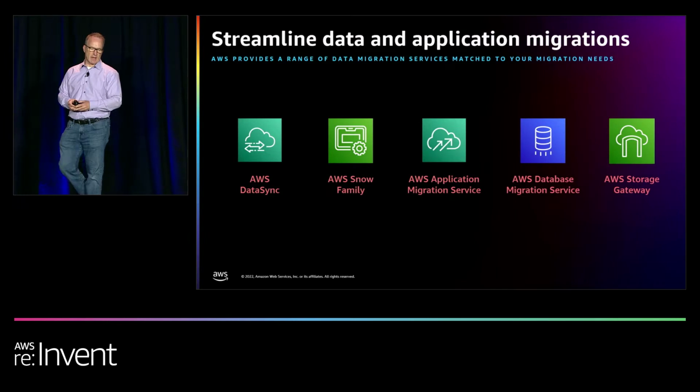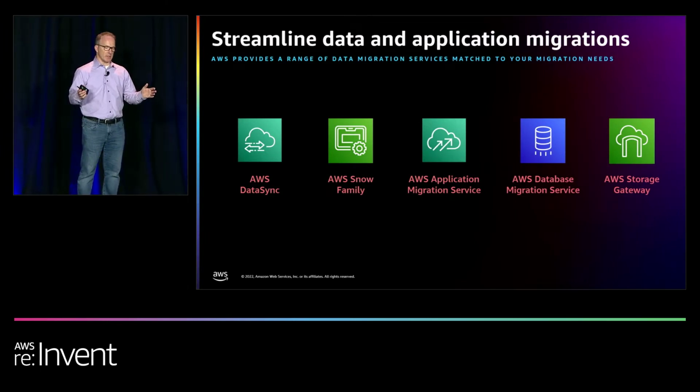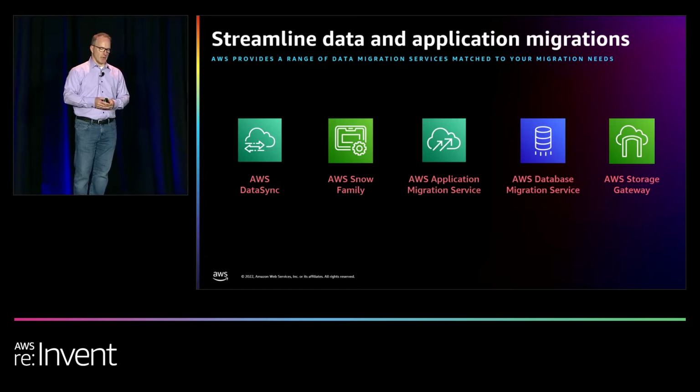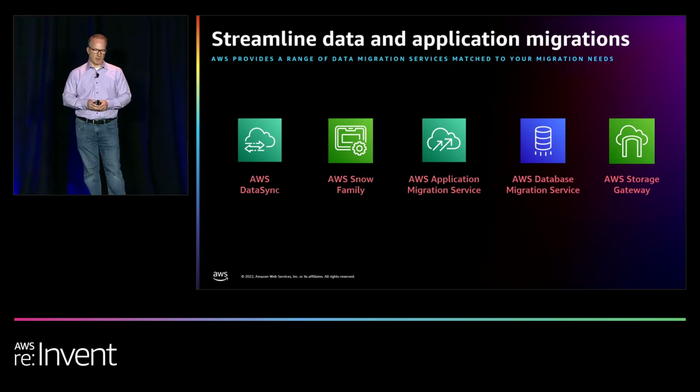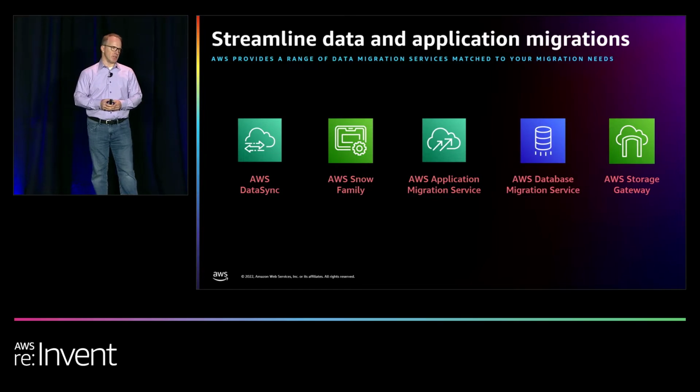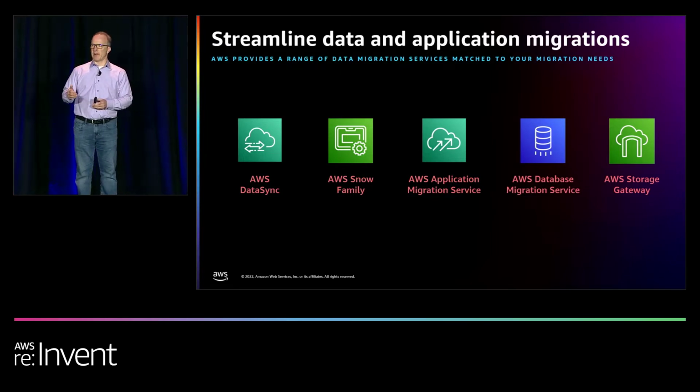So AWS has a broad portfolio of services that can help ease your migration challenges. First and foremost, there's online with AWS DataSync. There's offline methods with AWS Snow family. We have tools for application migrations, also database migrations, and also tools that help you manage some hybrid storage.